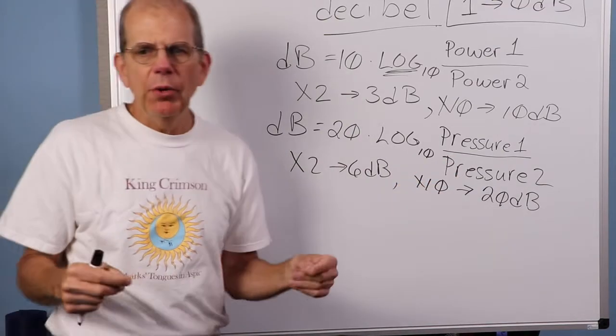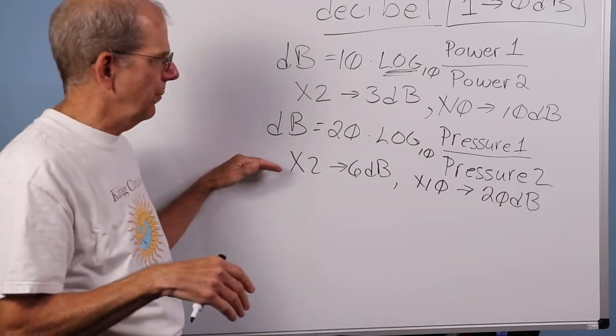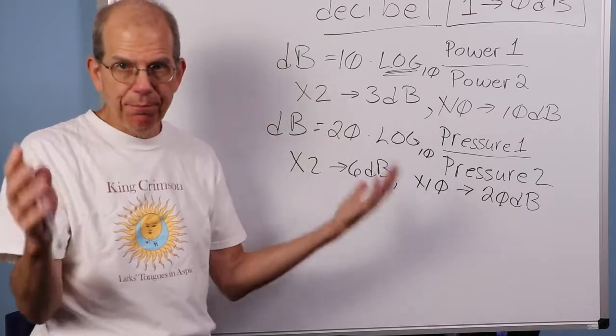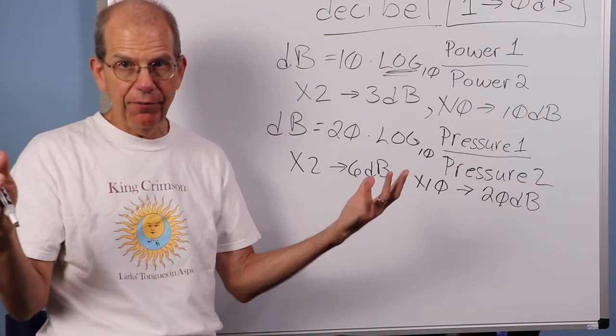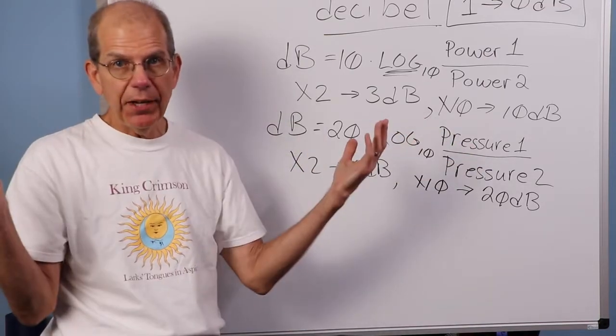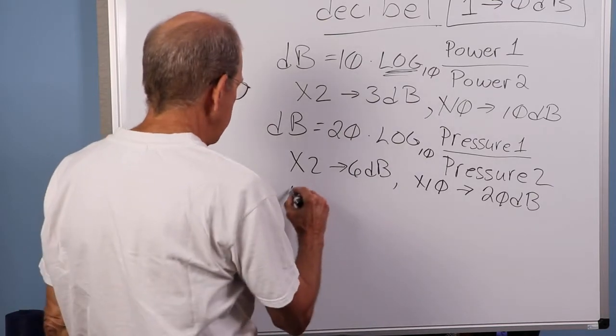Okay, so we could do a quick example here, right? Using the pressure version. So let's say I have an increase in a factor of 40. Maybe the sound pressure level has gone up by a factor of 40. Maybe I've got an amplifier, with a voltage. The voltage has gone up by a factor of 40, right? Either one of those. So my factor of 40, right?